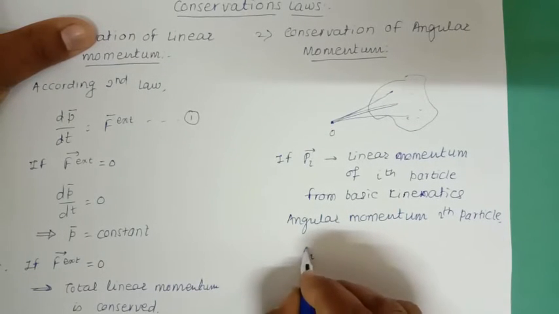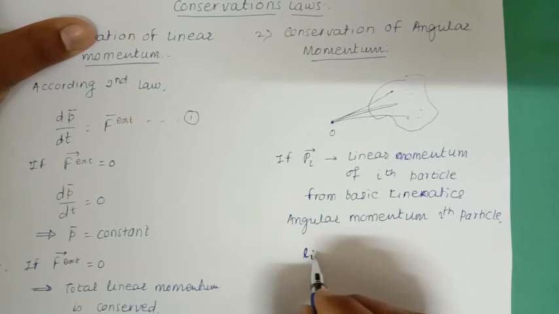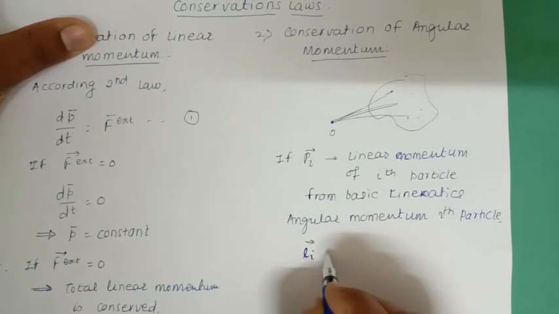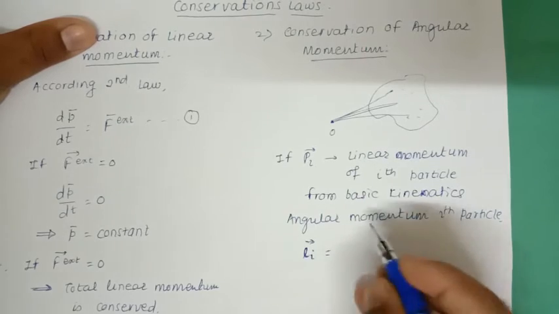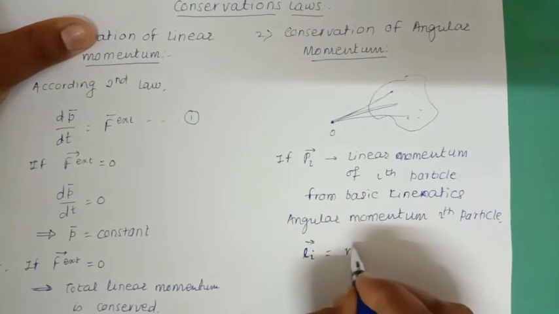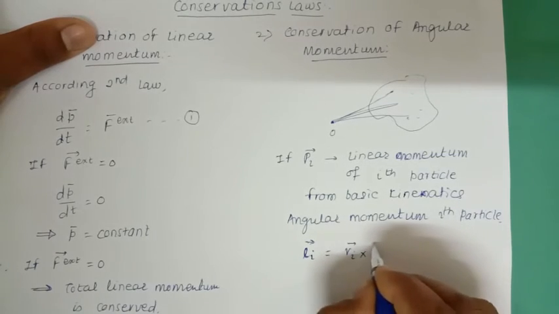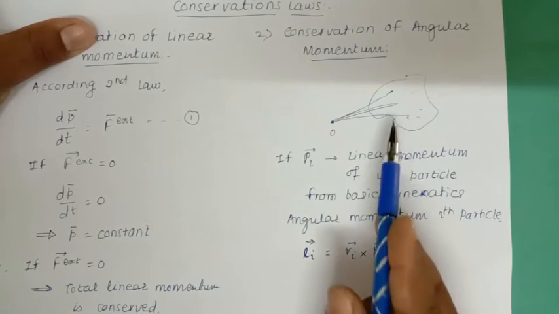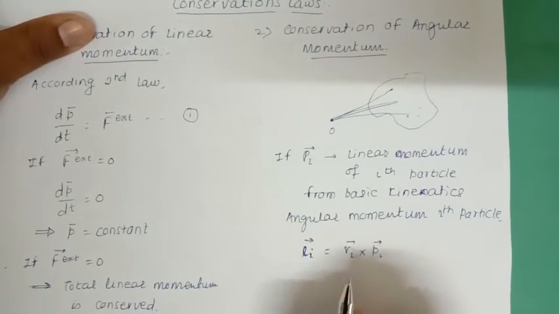I write this with a small letter to represent the angular momentum of the ith particle, and since it is a vector quantity, it should be represented with a bar. So Li, from basic kinematics, is Ri bar cross Pi bar. This is the angular momentum of the ith particle. I may be any particle from this whole system which consists of n particles.